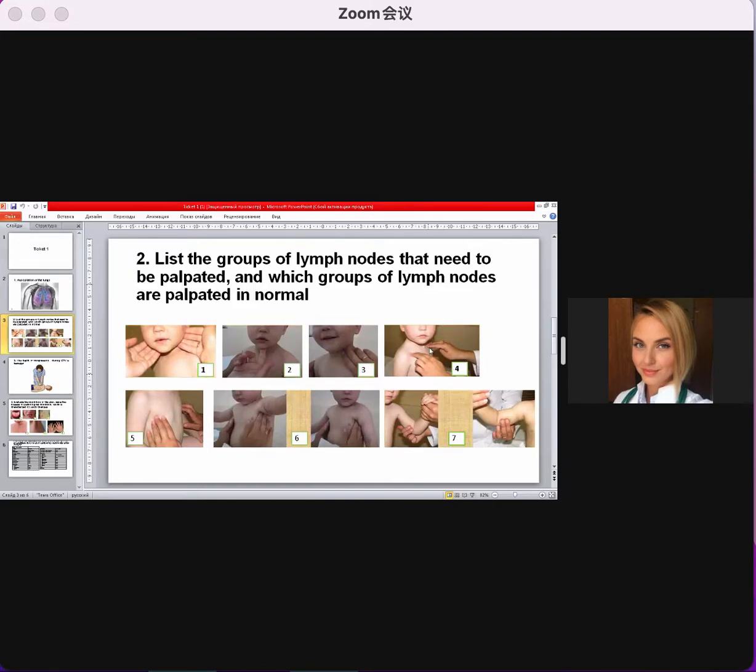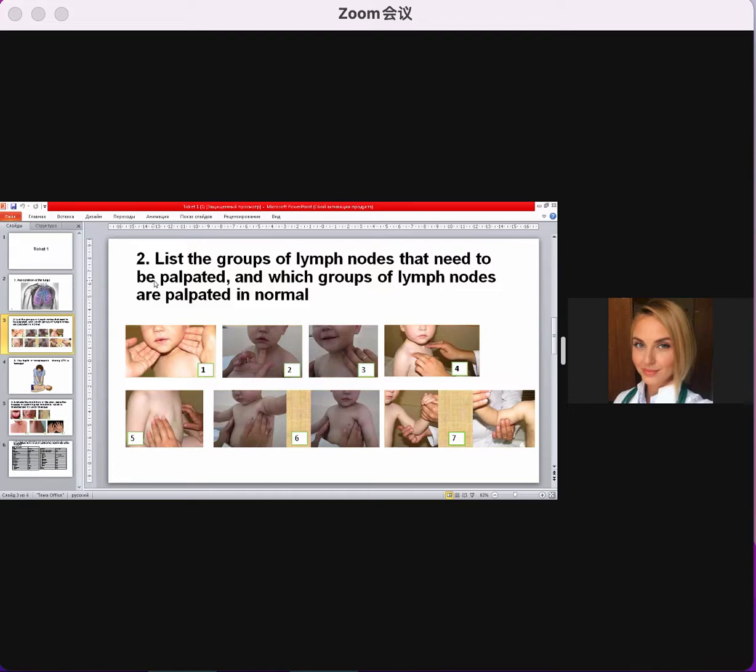Then number 4. Tell me how it is named. It's subclavicular. Yes. Thoracic is at photo number 5. And how is this named? Subclavicular, yes, that's right.